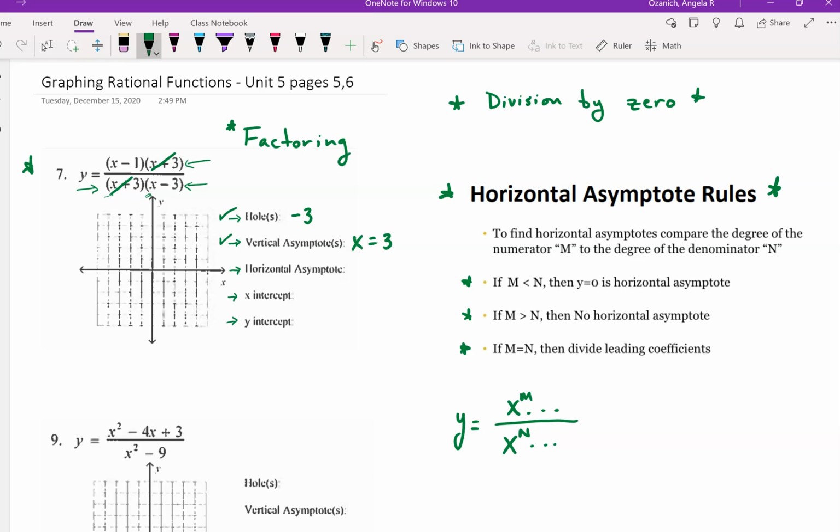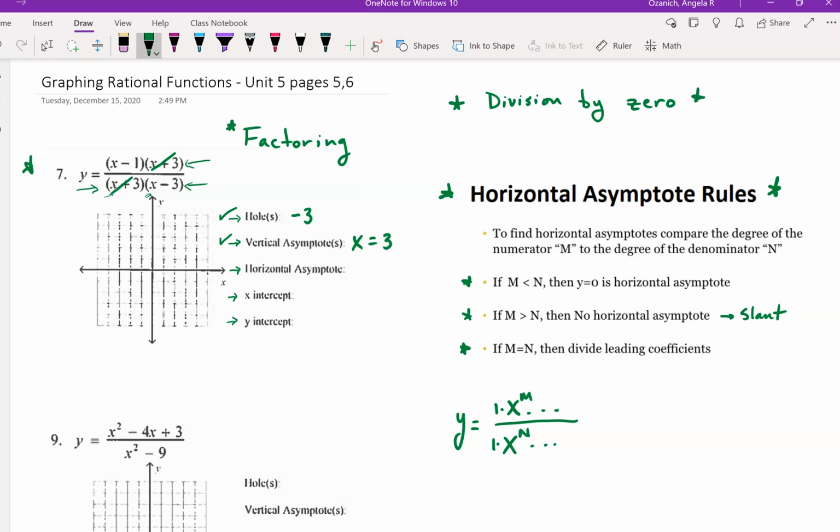There might be, in this case, a possible slant asymptote, so we'll talk about that. And if m is equal to n, then you're dividing the leading coefficients, the numbers that are in front of, in this case, it's just 1 divided by 1. But you might have different numbers as your leading coefficients that create different asymptotes.